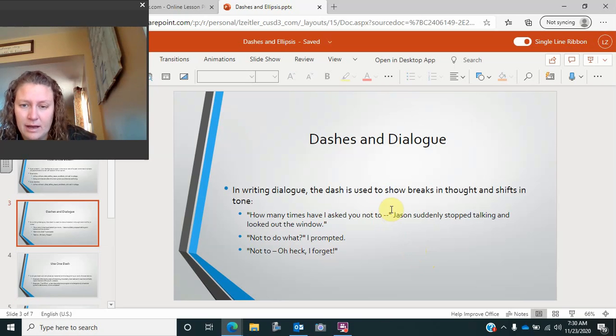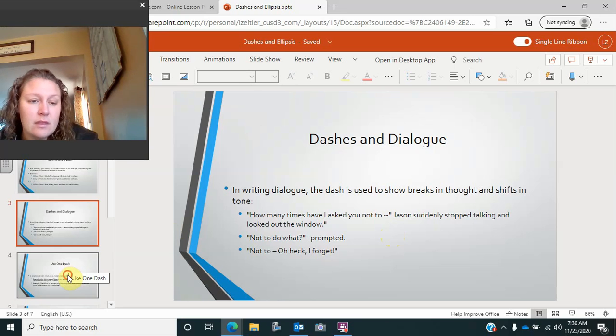And then that's your pause, which is your dash, because it leads off. Jason suddenly stopped talking and looked out the window, an abrupt stop. The other person responds, "Not to do what?" I prompted. "Not to," pause again. "Oh, heck, I forget." Okay, so that's how you use the dash.